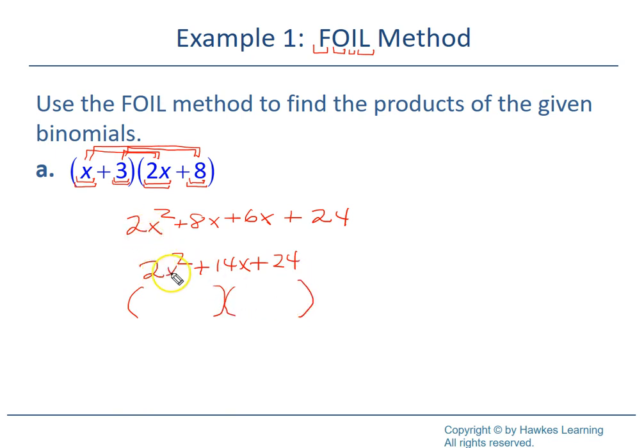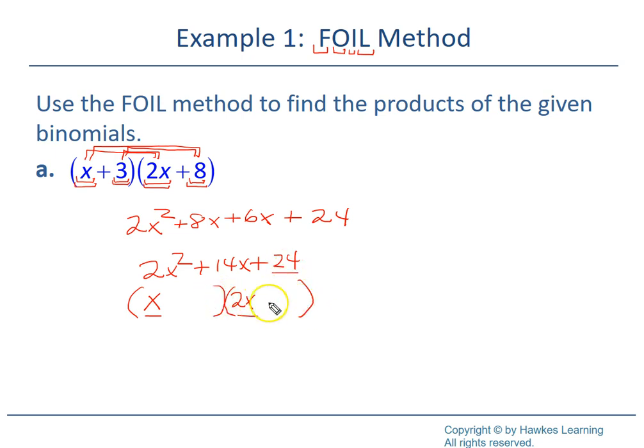So when it's in this standard form, what are our first terms that gave us this? Well, since 2 is prime, it has to be an x, let's say, and a 2x. And then we say, what term gave us this 24? Well, we know it was a 3 times 8.